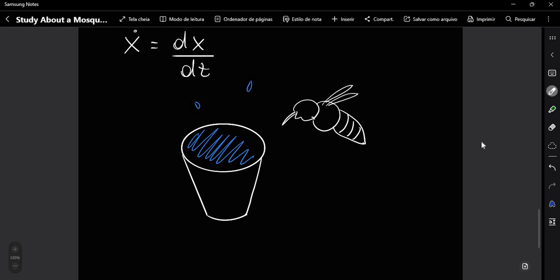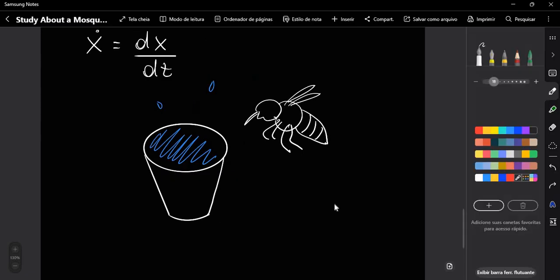So the mosquito will come with the eggs, and it will lay the eggs right here.